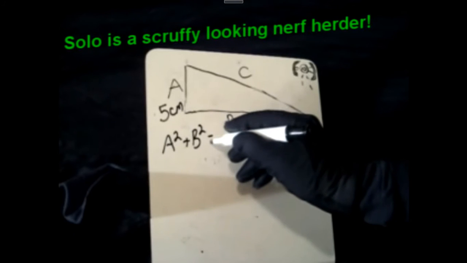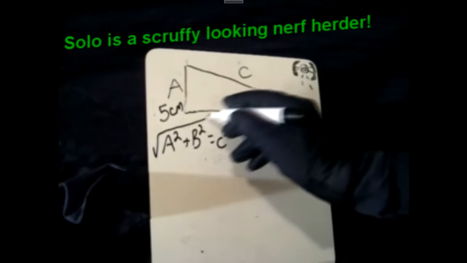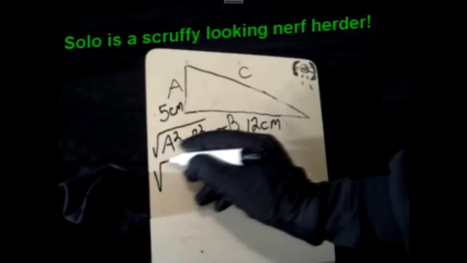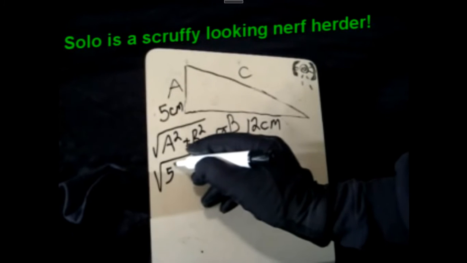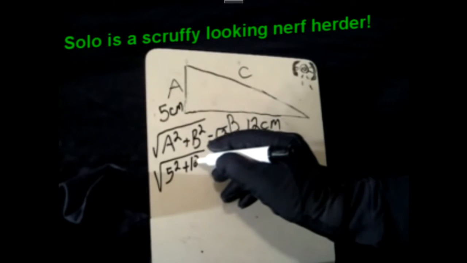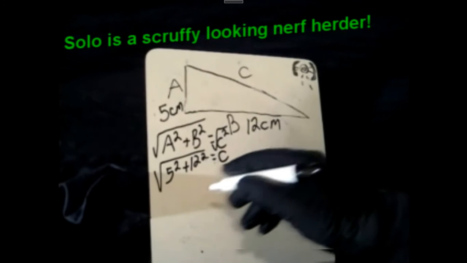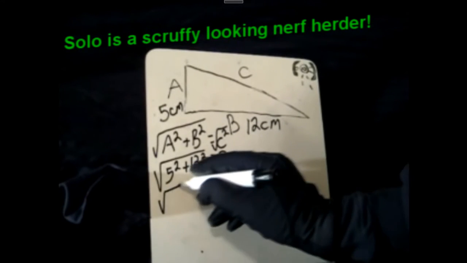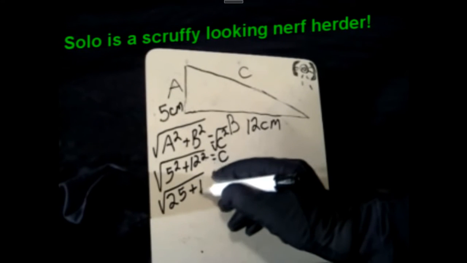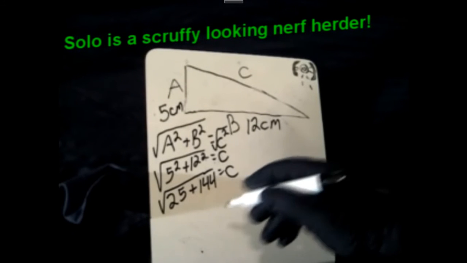A squared plus B squared equals C squared, according to the Pythagorean Theorem. Take the square root of both sides. So the square root of 5 squared plus 12 squared equals C, the hypotenuse. 5 squared is 25. 12 squared is 144.